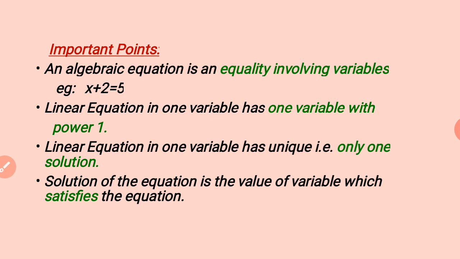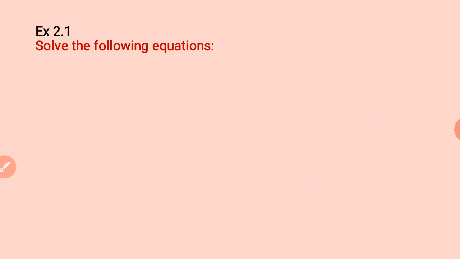So for x equal to 3, both sides will be equal. So we can say that 3 satisfies the equation. This is all about the basic knowledge. With this, let us begin with the exercise.